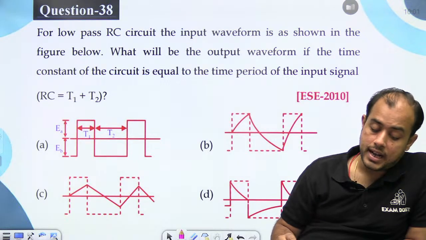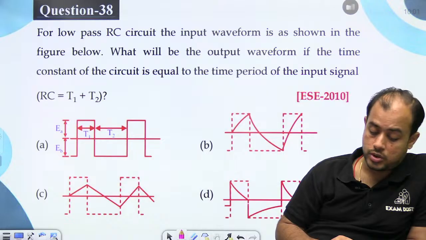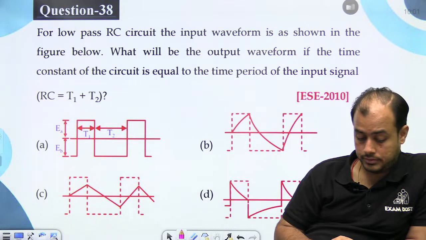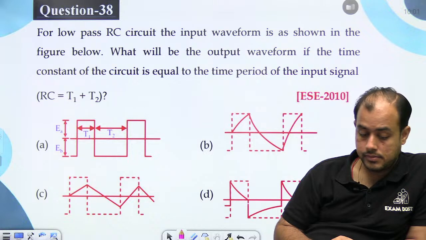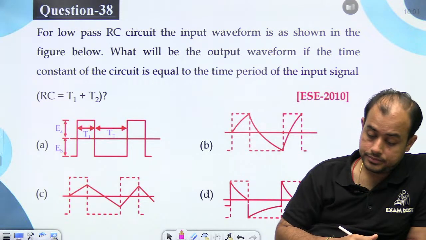For a low-pass RC circuit, the input waveform is as shown in the figure. यार यहाँ पे फिगर ही मिसिंग है.